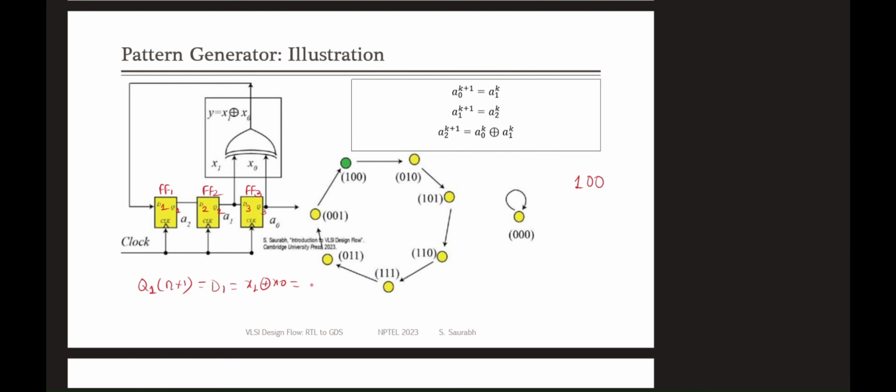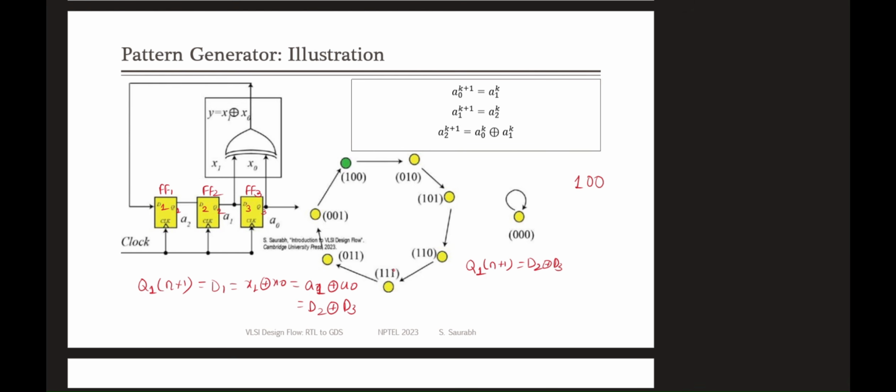These are A1 and A0, and A1 and A0 are D2 and D3 itself. D2 XOR D3, right? So next state of Q1 is D2 XOR D3.